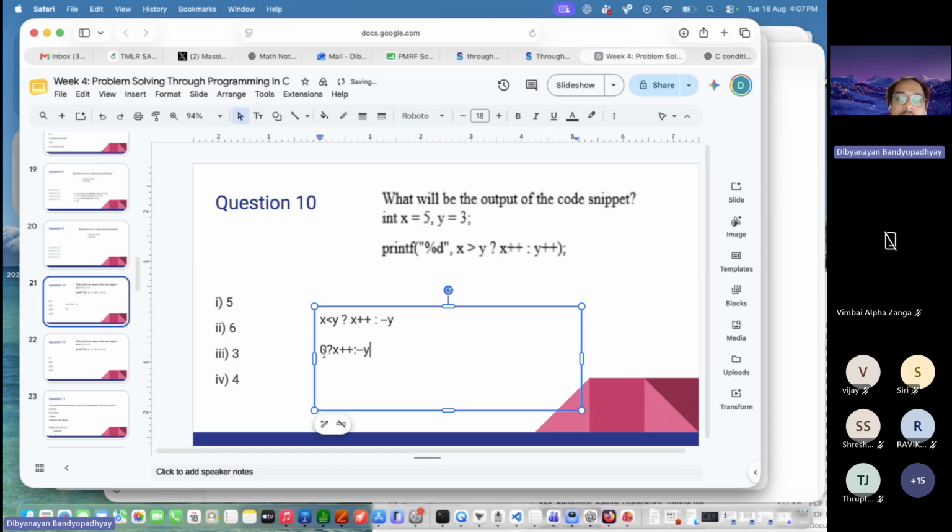Is x less than y true? It is not true, so it evaluates to 0. If it is 0, then the second part will be printed. But what is minus minus y? It is the pre-decrement operator of y, so the value of y will first be decremented, then printed. So 2 will be printed. This is how we have to evaluate this kind of expression. Any doubt?